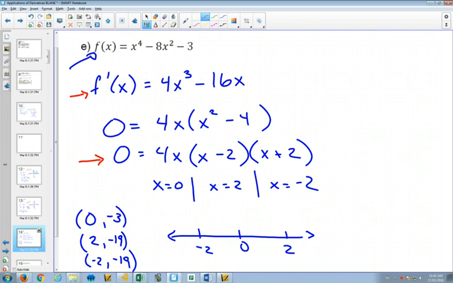Because if I plug in something less than negative 2, like a negative 5, I can tell right away that this is going to be negative as my first factor. I plug in negative 5 here, I know this is going to be negative. And when I plug in negative 5 in this one, I know this is going to be negative. A negative times a negative times a negative is still negative, so I know this section is decreasing.